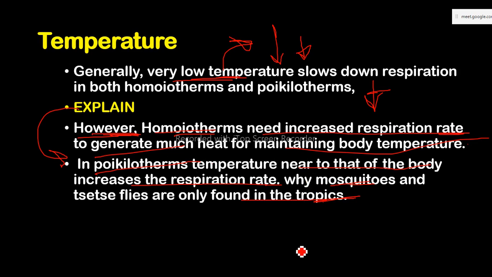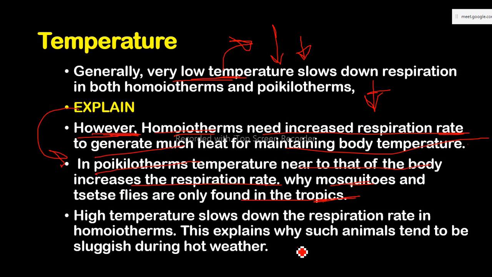Yes, that's okay. However, if the environmental temperature is high, beyond the optimum, beyond the norm, the rate of respiration decreases in homoeothermic, warm-blooded organisms. Why? Because you maintain your body temperature constant. If the environmental temperature increases beyond what is required, then you employ mechanisms: you produce hormones to respond to that.